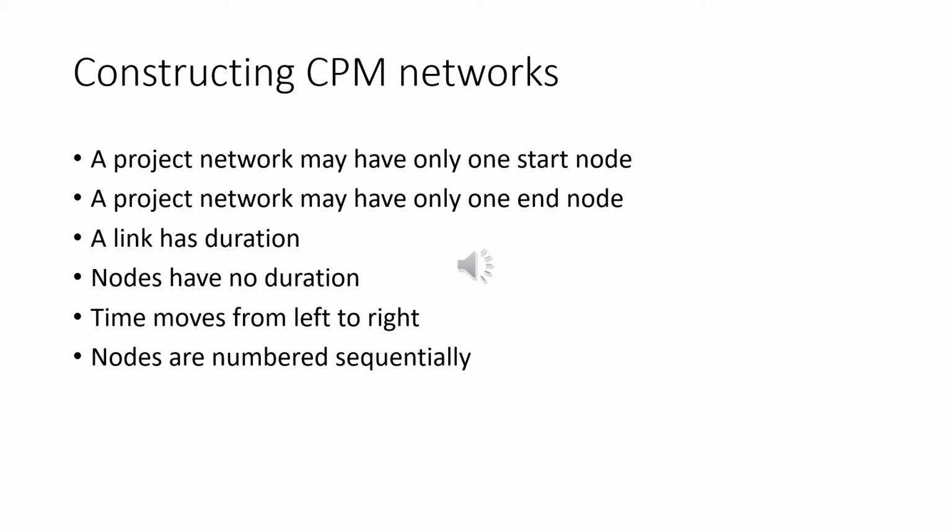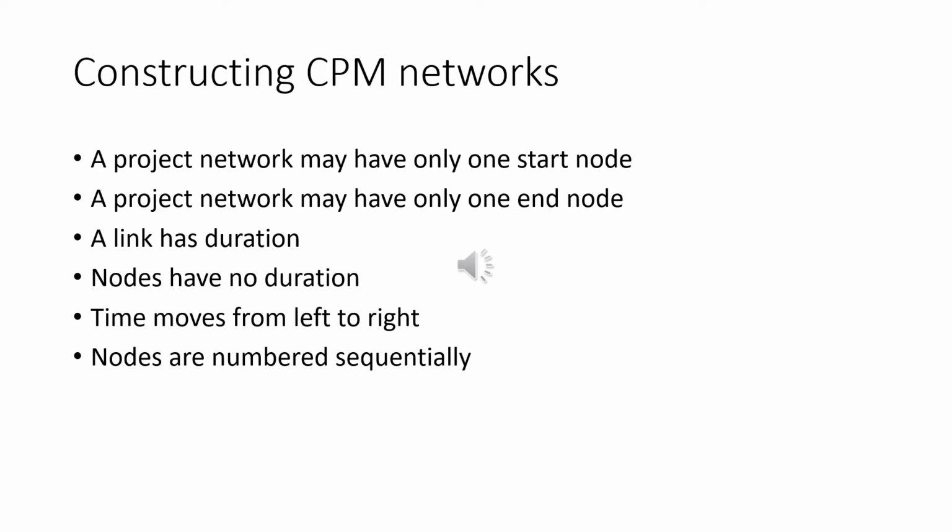The next rule, nodes are numbered sequentially. There are no precise rules about node numbering, but nodes should be numbered so that head nodes, those at the arrow end of an activity, always have a higher number than tail events.